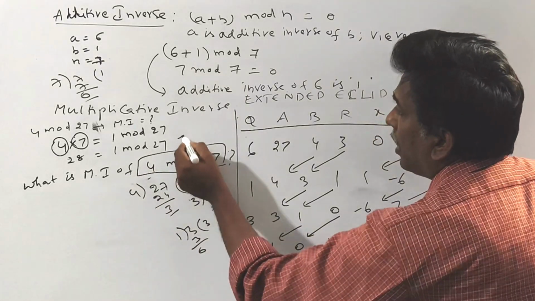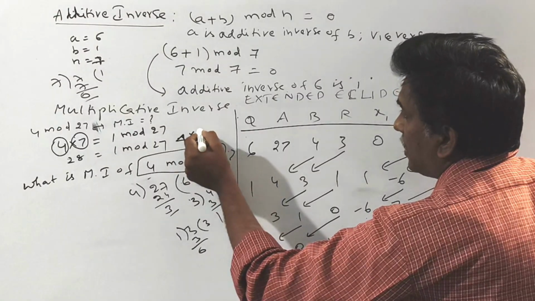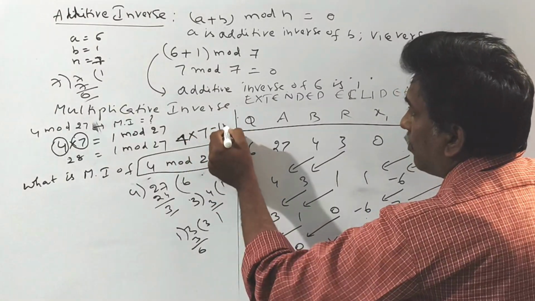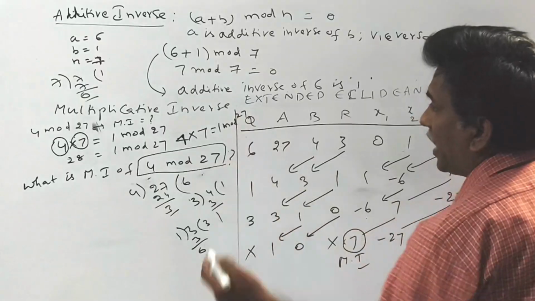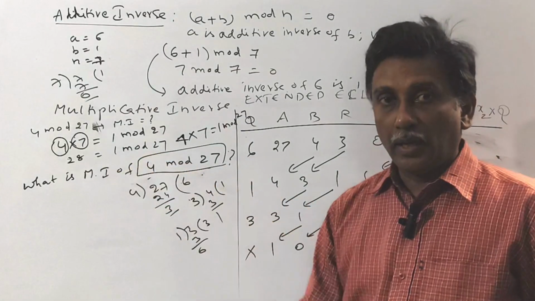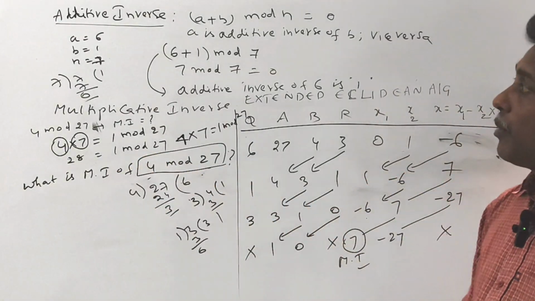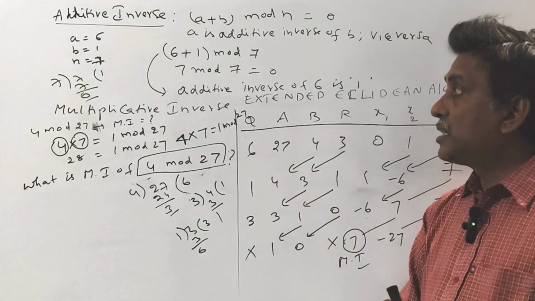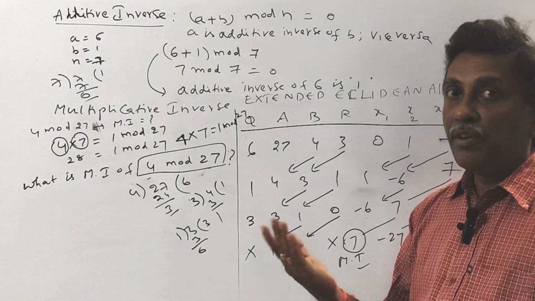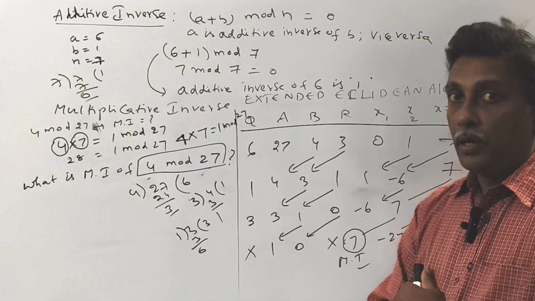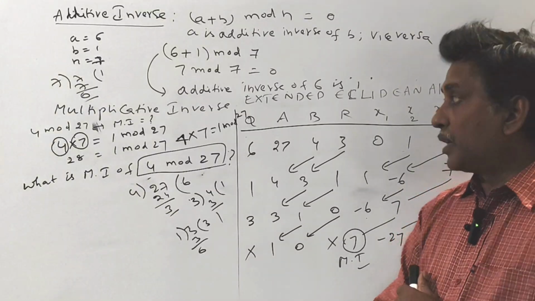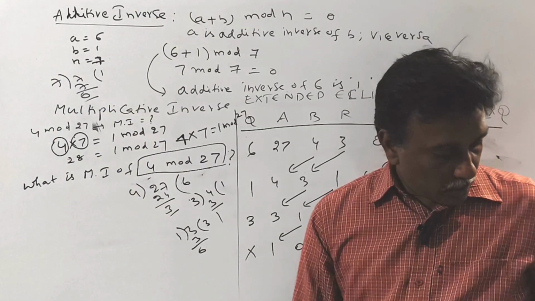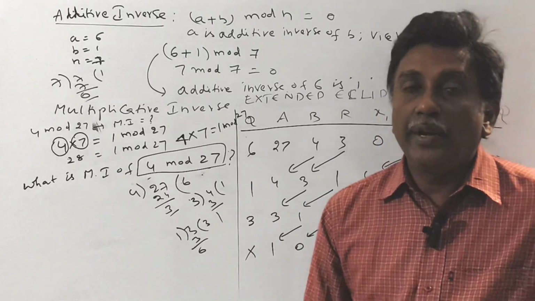We know that 4 into 7 equals 1 mod 27, as we already solved here, right? So if any problem is given for finding the multiplicative inverse, you can easily find it, which is very useful in cryptography for solving very complex problems. I think you benefited from this video.